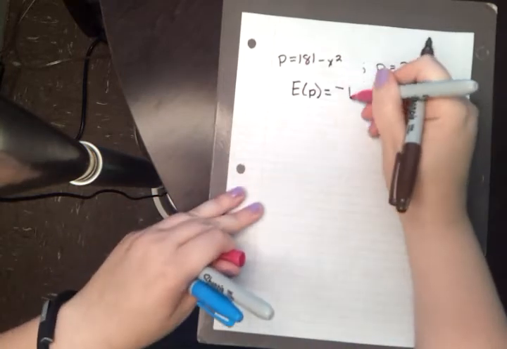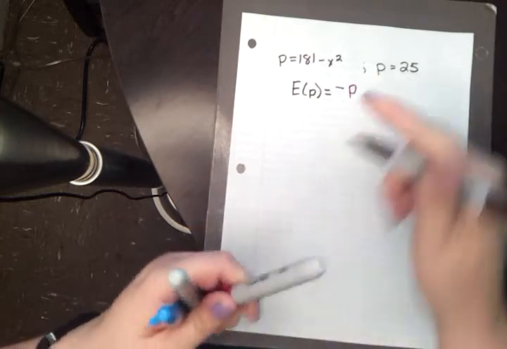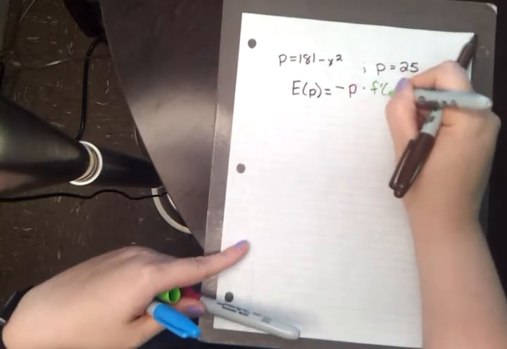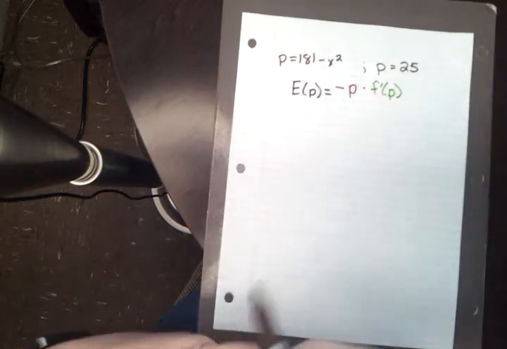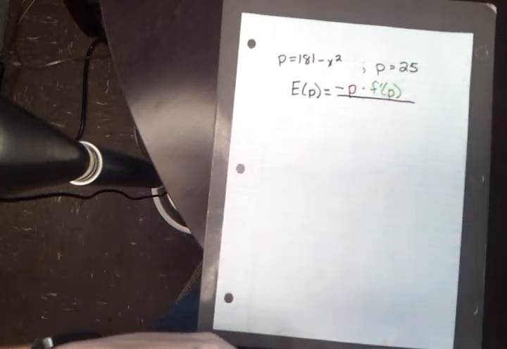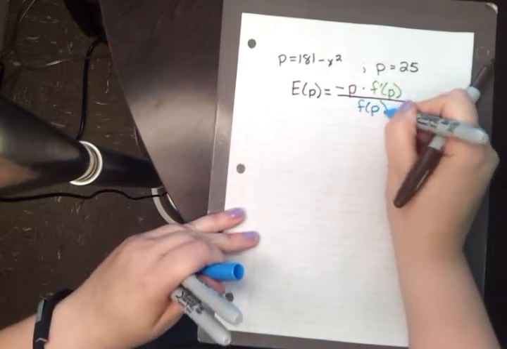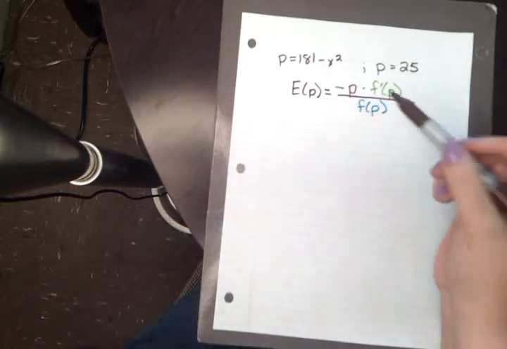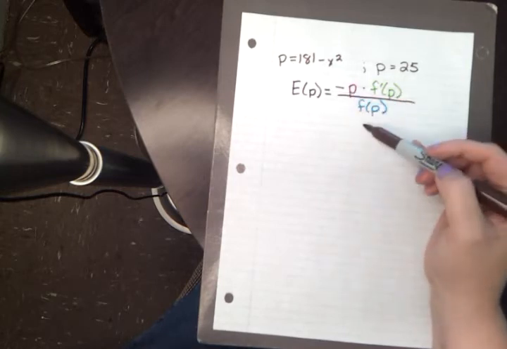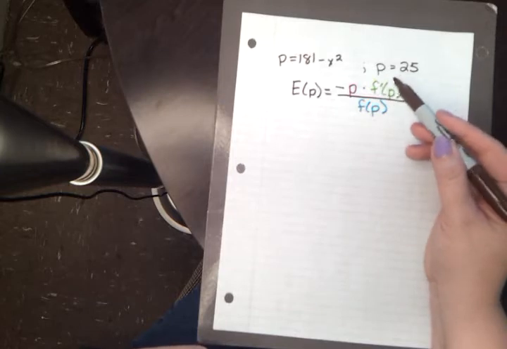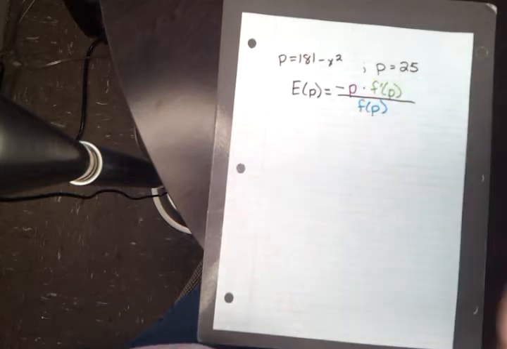It's negative P, so we're going to have a P somewhere, times F prime of P, and that all goes over F of P. So this is our formula, and it's got 3 different pieces, 3 different colors so that we can keep track of it. E of P equals negative P times F prime of P over F of P.